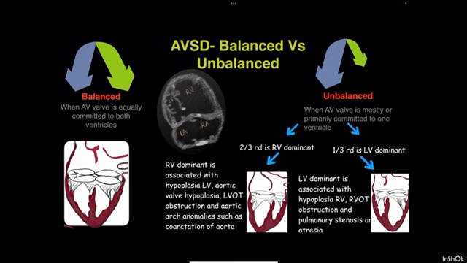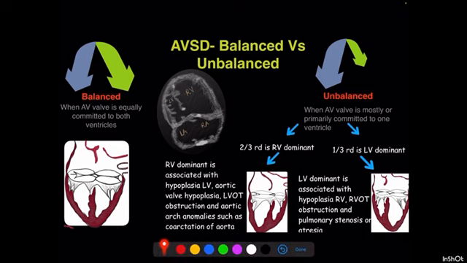We have come almost to the end of the session. Now, AVSD, based on the commitment to the ventricles, can be divided into two types: balanced and unbalanced. When the AV valve is equally committed to both ventricles, it is called balanced, as we saw in the previous video. Now, there may be a situation where the AV valve is mostly committed to only one ventricle.